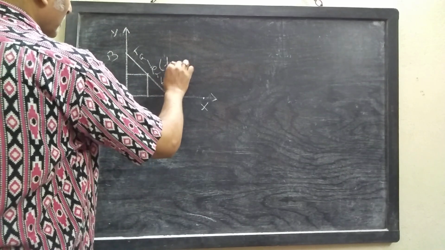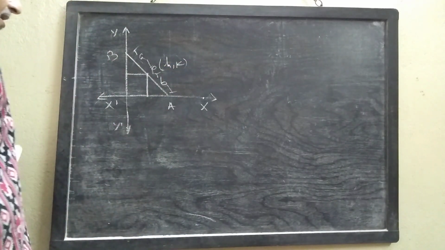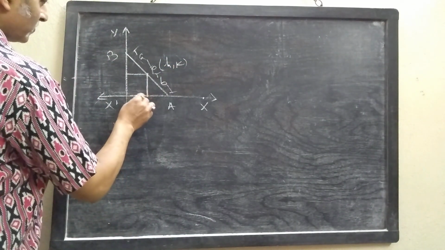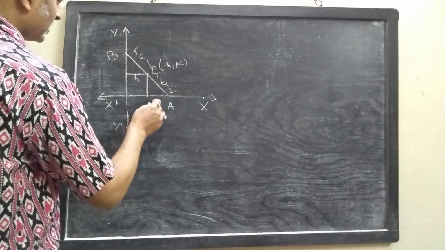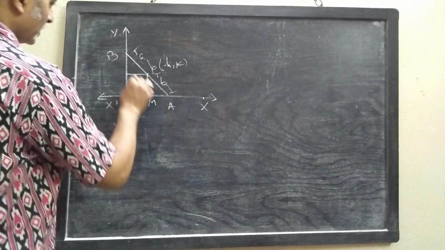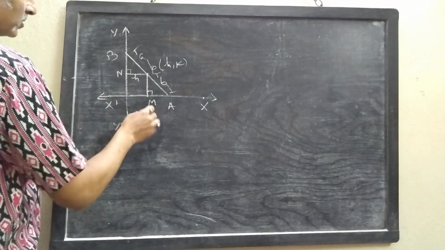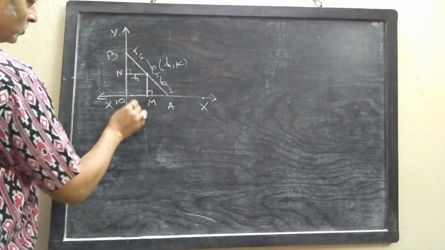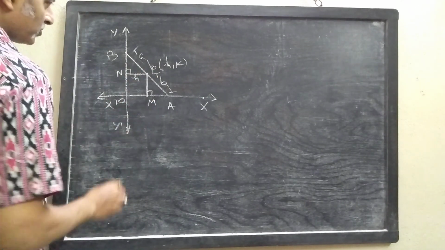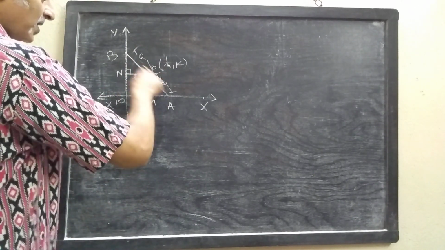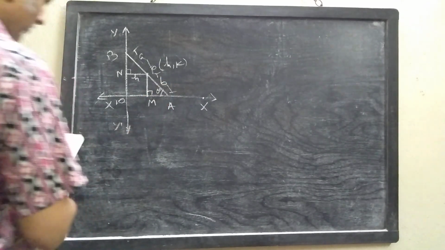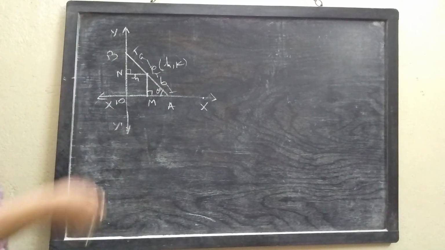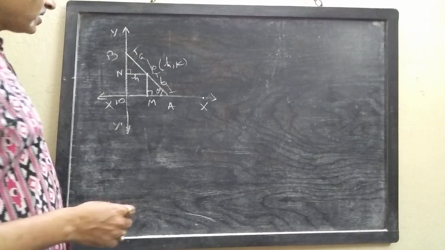So let the coordinates of P be h comma k. Then it is obvious that this foot, let us name it M, and this N, and this is origin O. ON is h, so as a consequence PN will be h. PM is k here. So let us suppose this angle be theta. Write down, let angle OAB be theta.